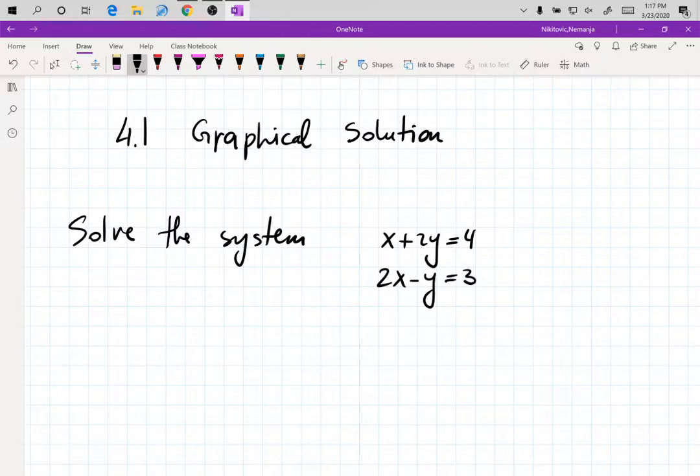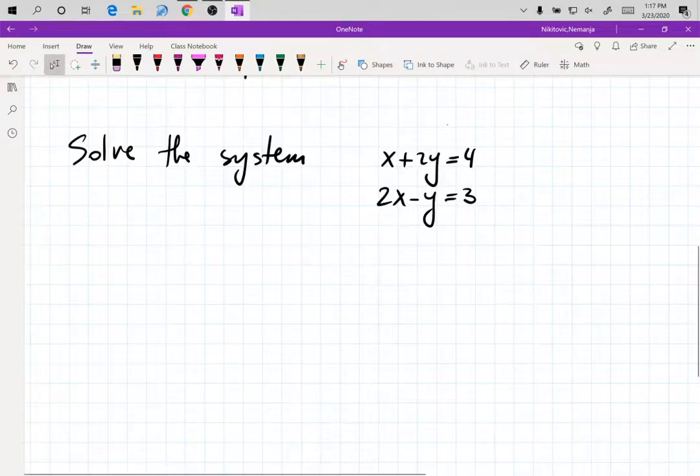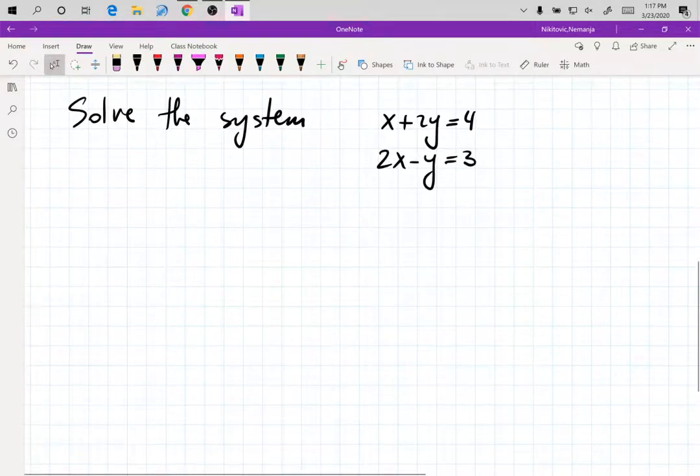So our job is to graph these two on the same coordinate plane, and wherever they intersect, it's going to be the solution of the system, because they intersect at the point x, y, right? X value is given by a number, y value given by a number, and that will be a solution. So we are going to now graph these two equations.